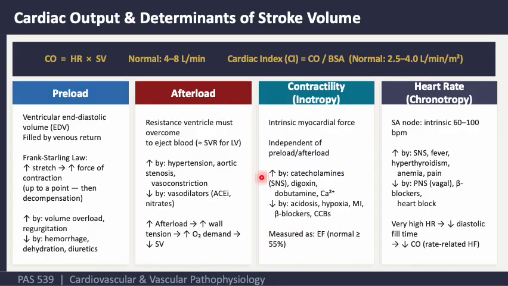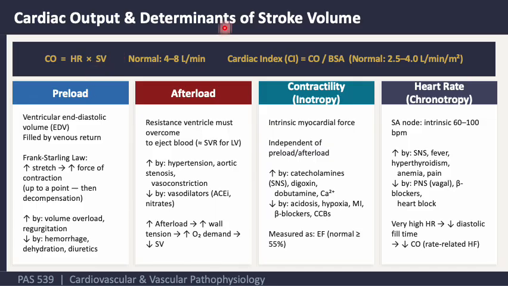So this slide will break down a little bit more of preload and afterload, and then we have another slide that hopefully will give you a bigger picture. So we've already gone over the formula of cardiac output, which is heart rate times stroke volume. However, cardiac output has some determinants that can actually change the cardiac output, increase it, decrease it.